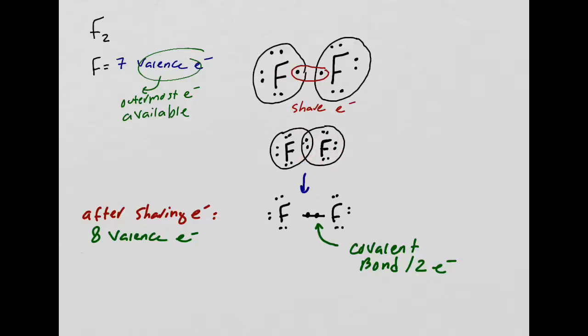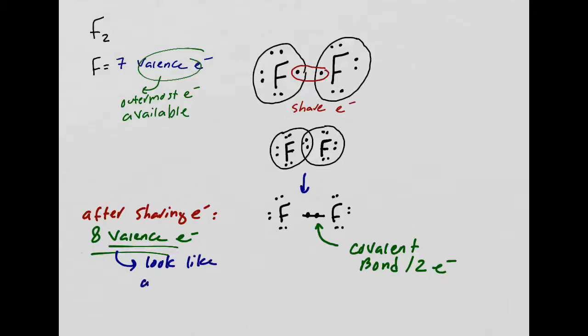Now, why is that important? We talked about it in the same lecture as valence electrons. Why is it so significant to have 8 valence electrons? Because who has 8 valence electrons? Noble gases, right? So when they have 8 valence electrons, they look like a noble gas.